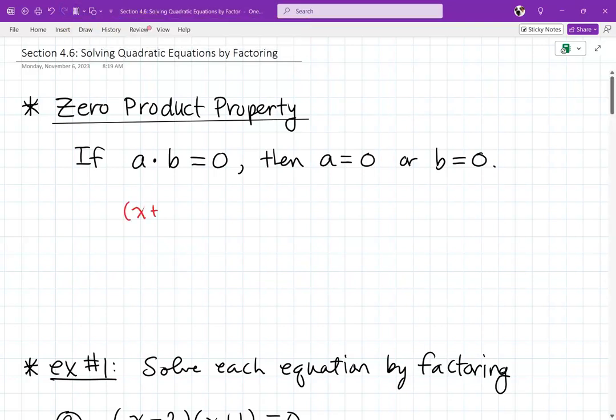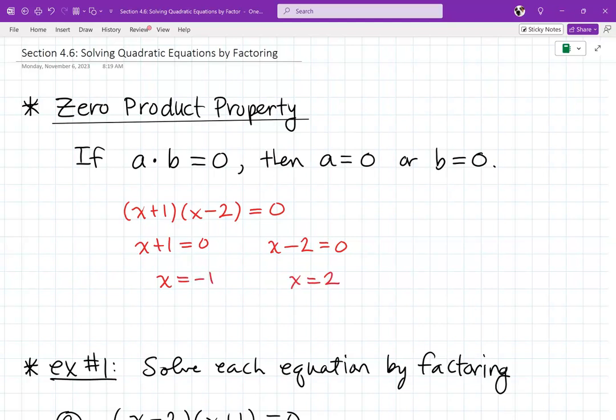Let's say I have two things that are multiplied and equal to 0: x plus 1 times x minus 2 equals 0. Then you can say that either x plus 1 is equal to 0 or x minus 2 is equal to 0, and you can solve for both of them. This would be x equals negative 1 and x equals 2.